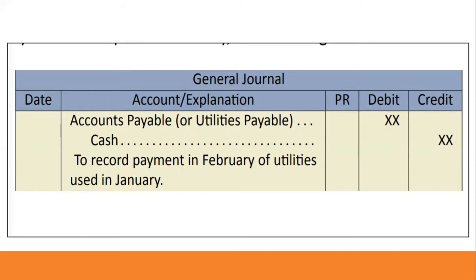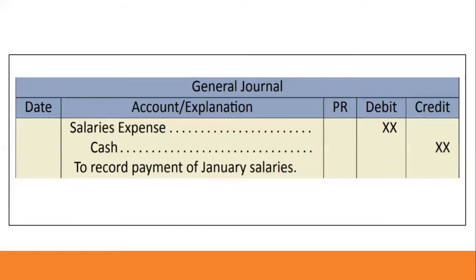For example, if salaries for January are paid on January 31st, then the entry on January 31st is this one, okay? As a result of this entry, salaries expense is reported on the January income statement when cash is paid.